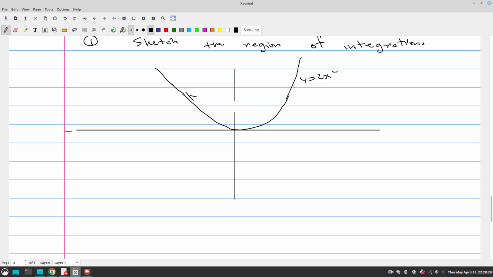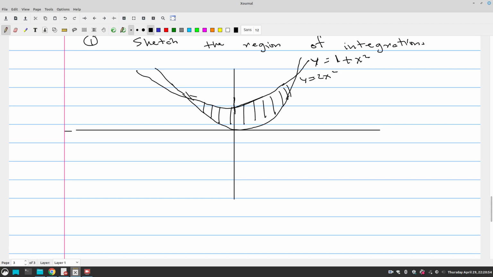So this is what x squared plus 1 looks like, this is y is equal to 1 plus x squared. So the region of integration is this shaded area.